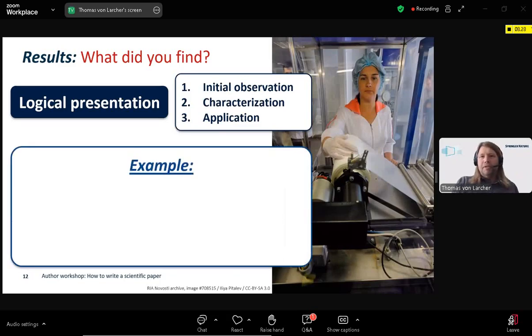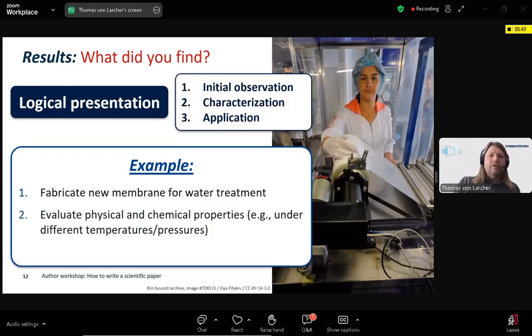So as an example, imagine you as an author has developed a new membrane for water treatment. So the initial observation here, you start with how was that membrane fabricated? And then you expand the initial observation.